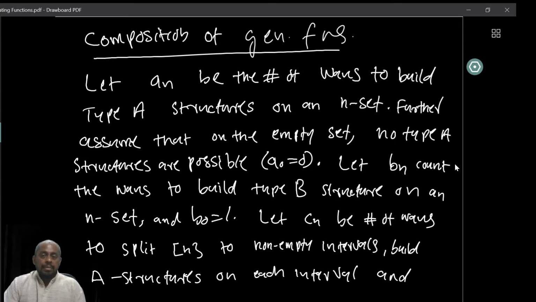Now let Cn be the number of ways to split the set 1 to n into non-empty intervals, any number of them, and build a type A structure on each interval. So you split into several intervals, and on each interval you make a type A structure.